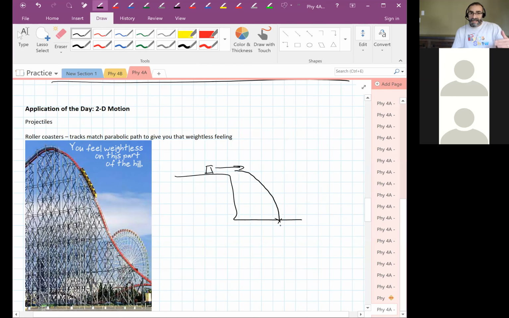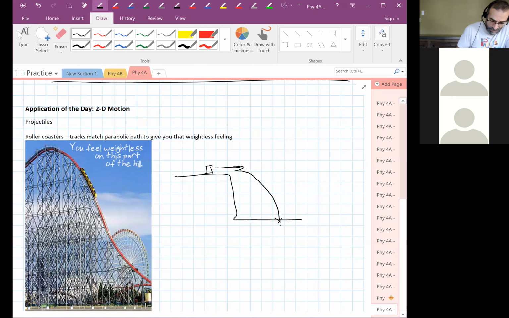So if you built a track right underneath that object that followed that exact parabolic path, the object would just fall right along the path and feel like it's in free fall. So that's what they do with roller coasters.